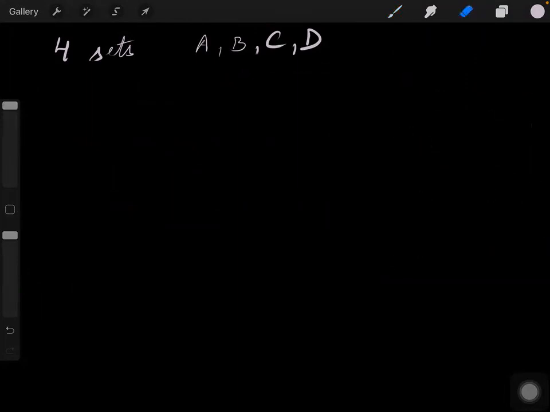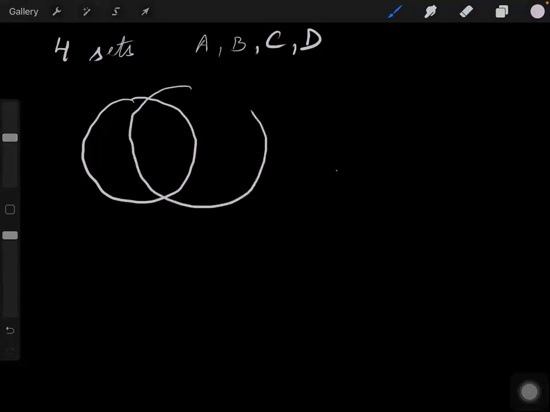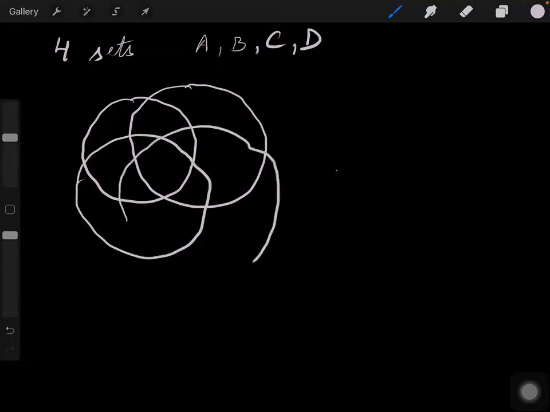We have one circle, and the other circle is going to be intersecting. I'm going to draw a large intersecting figure so that I can accommodate the other 2 circles. The next one I'm going to draw below. So it's going to be something like this. And the next one below the second one. So it goes something like this.